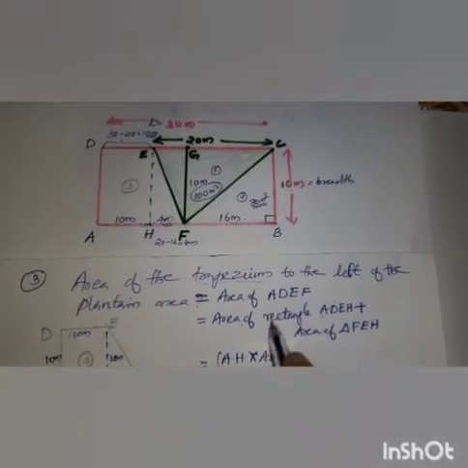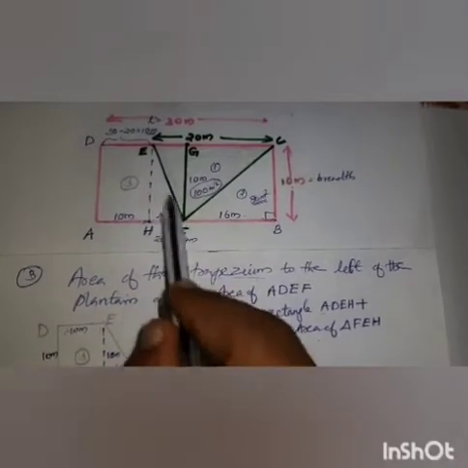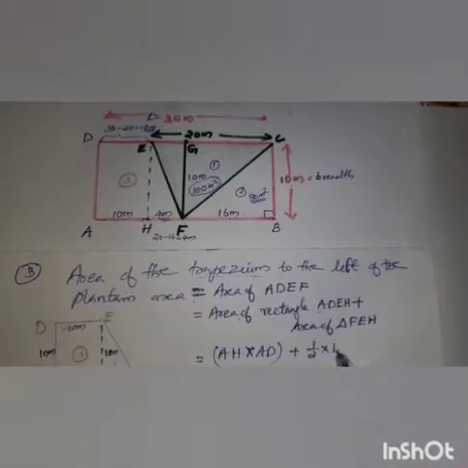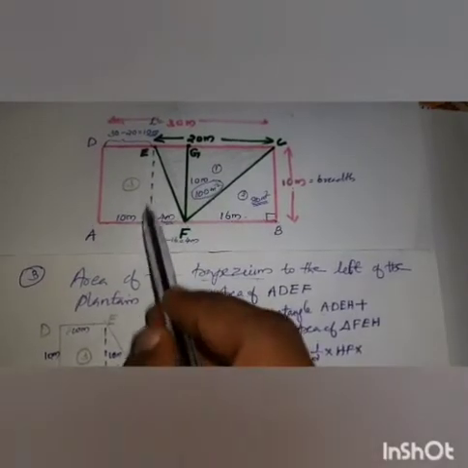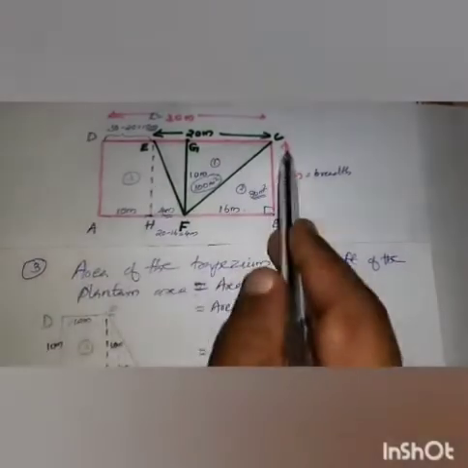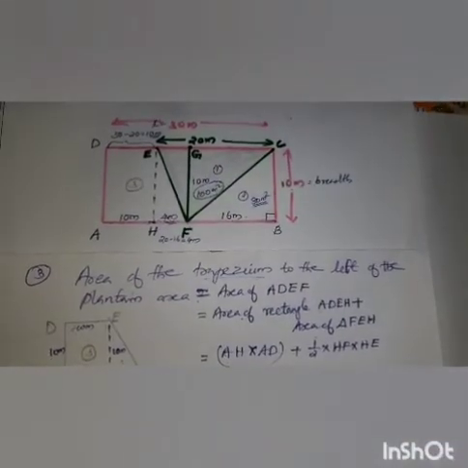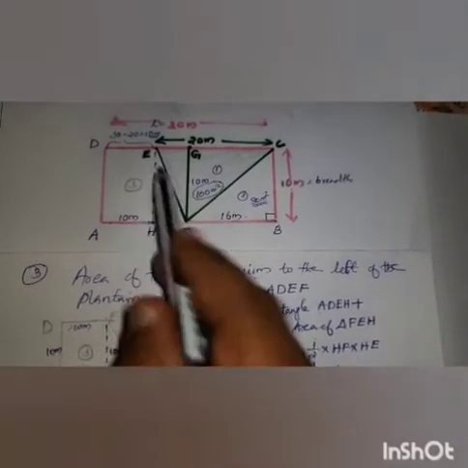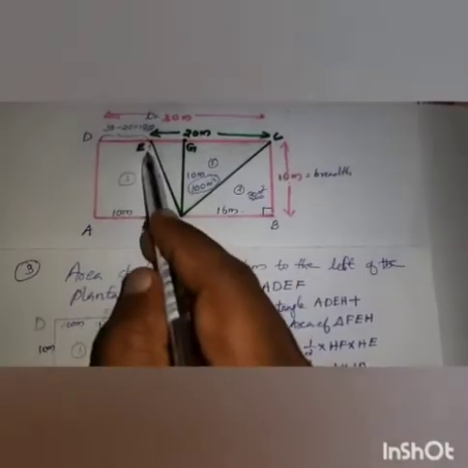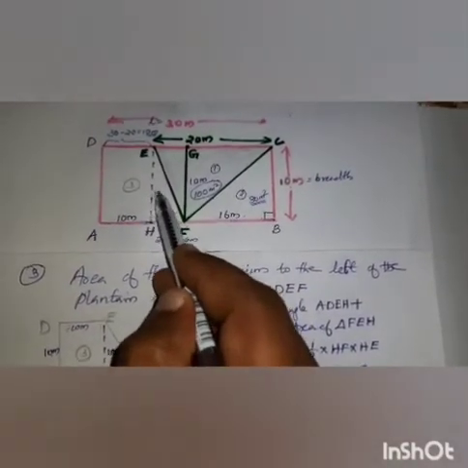That is the area of the rectangle plus area of triangle, half into HF into HE. That is a perpendicular height. So what is AH? It is 10 meter. What is AD? That is same as the breadth of the rectangle, 10, plus half into HF. HF is 4 meter. Then HE is 10 meter again. That is the breadth of the rectangle. Here is also 10.